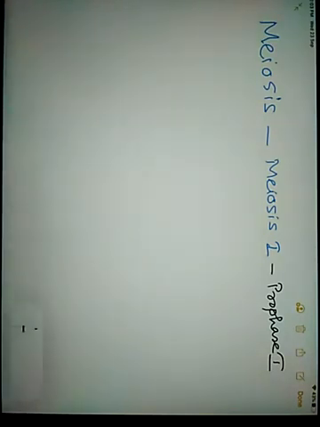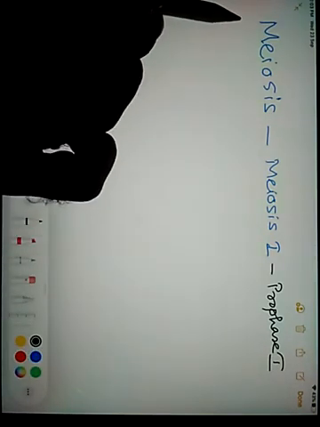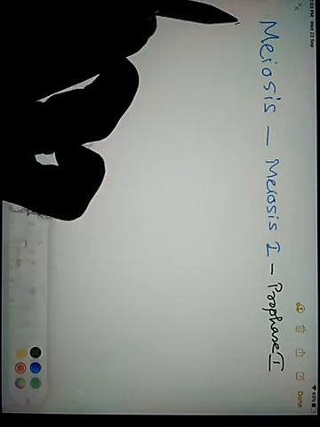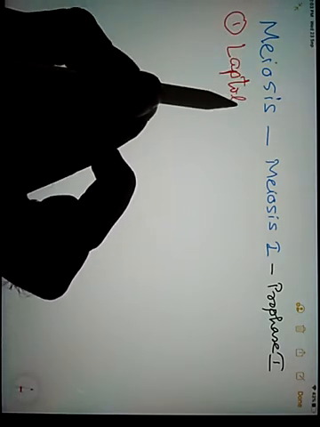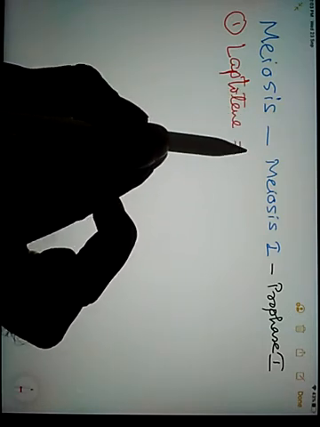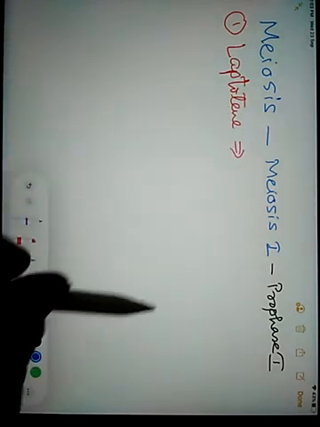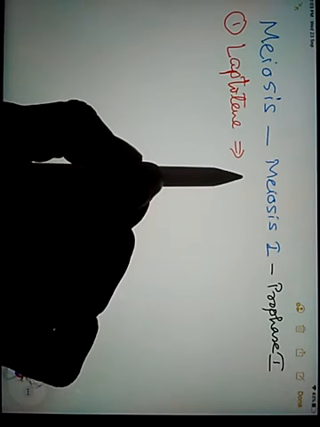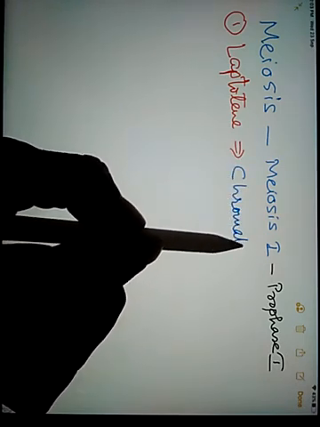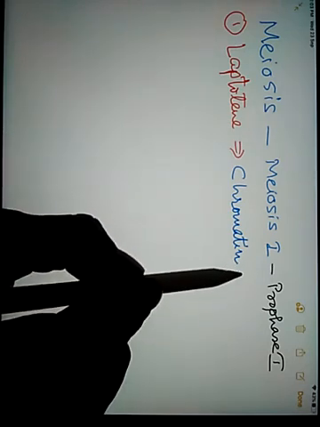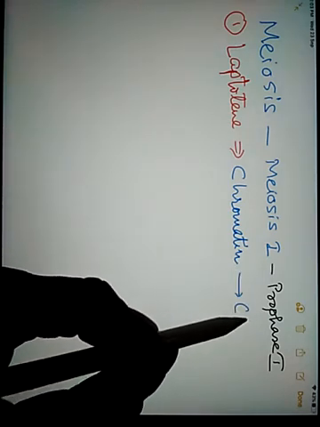So in prophase 1, during Leptotene, the first phase, the chromatin is converted into chromosomes.